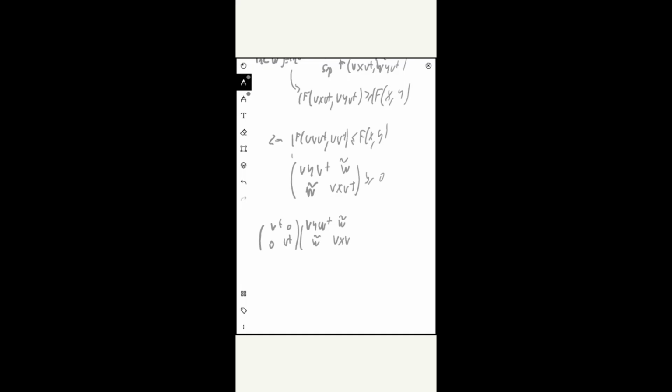And so it will prove that it's also an admissible point for the initial problem.